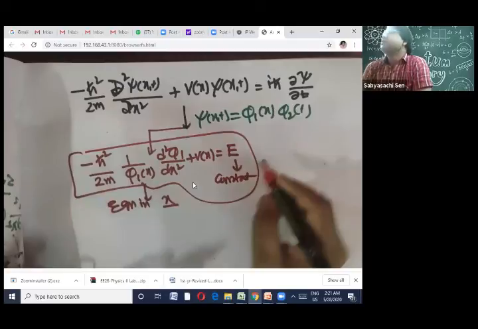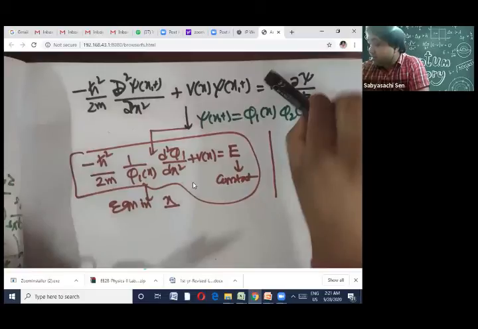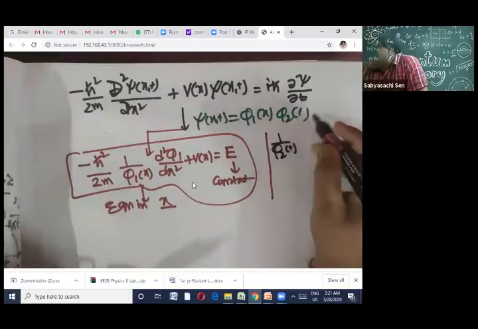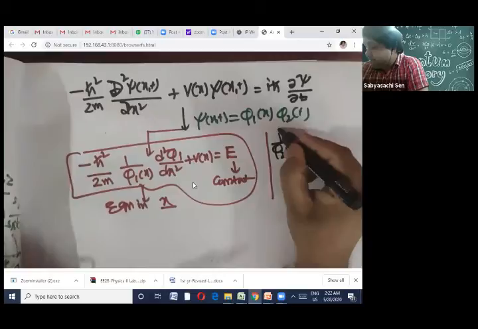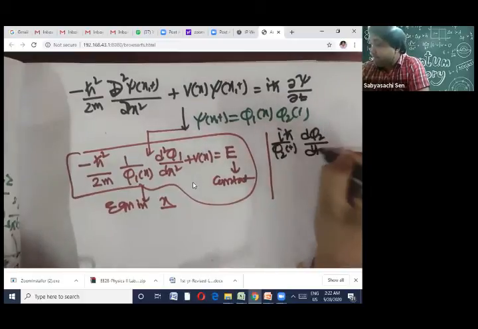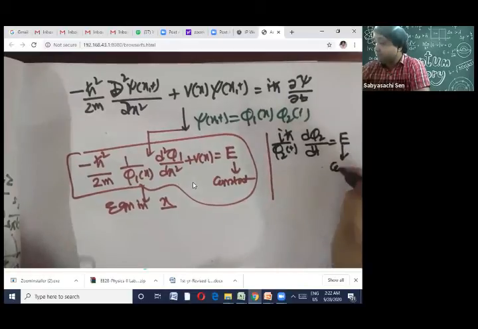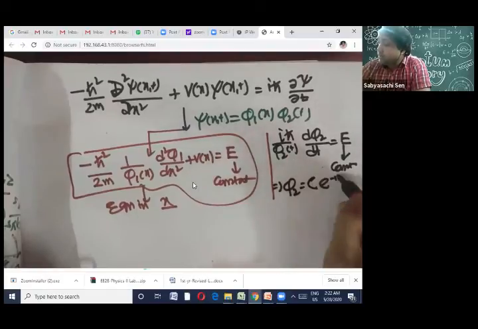And the other equation is the equation in t. E is a constant quantity. Just now I told you this is easy to solve. You can solve it like this: C e to the power minus i E t by h cut.